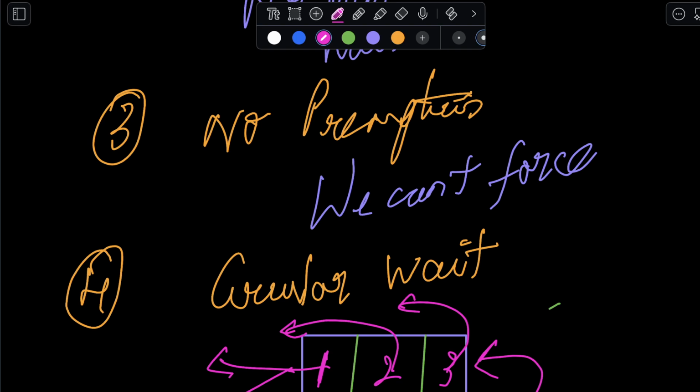Okay, now let's come back to our mutex. But our main goal is to solve the critical section, right?